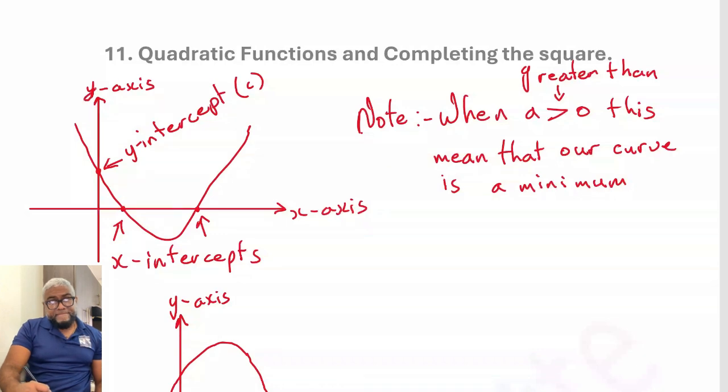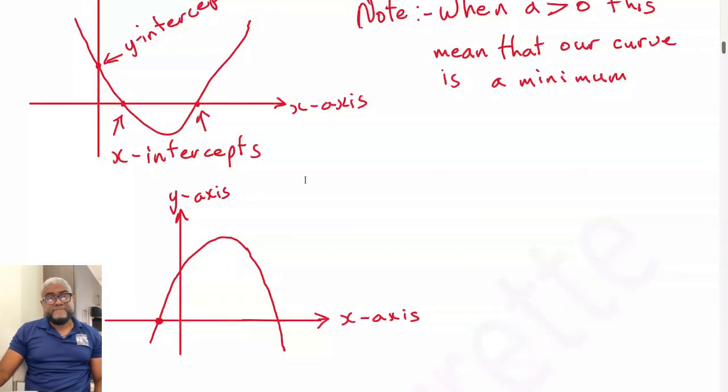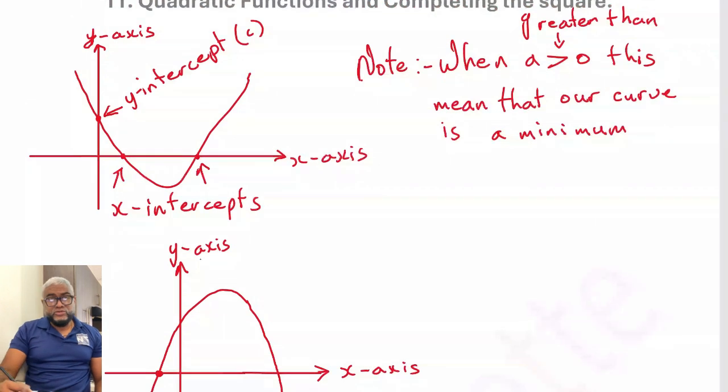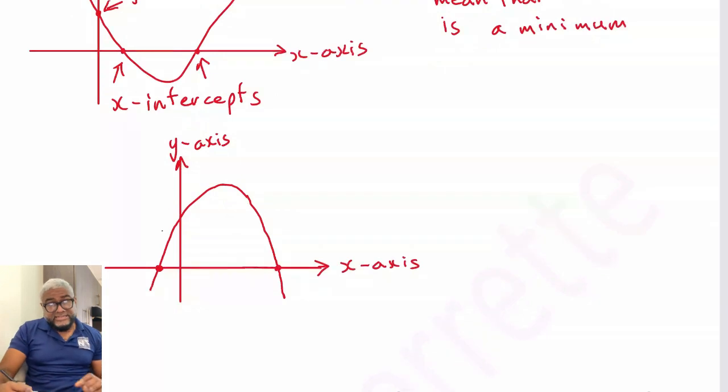Right, 2. So these two points will be called my x-intercepts, because it cut the x-axis. I'll give you all a chance to write it. So arrow, arrow, these are my x-intercepts.